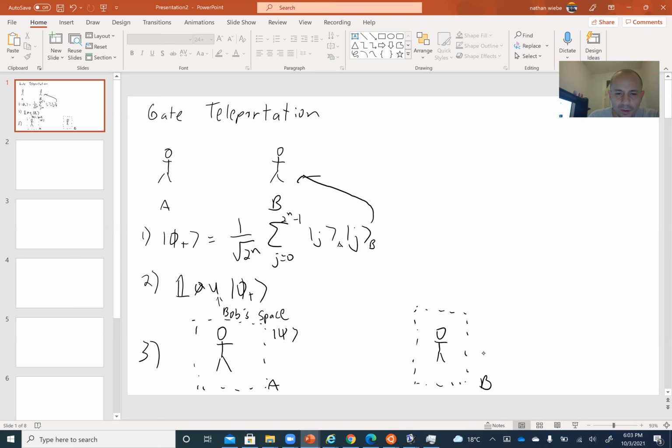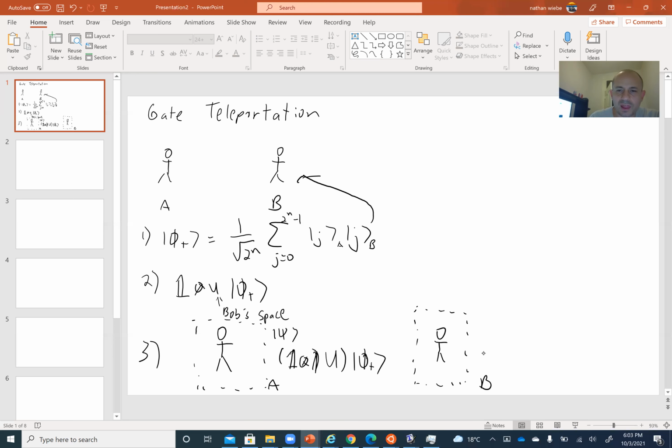Then between the two of them, they share an entangled state, identity tensor U, phi plus.